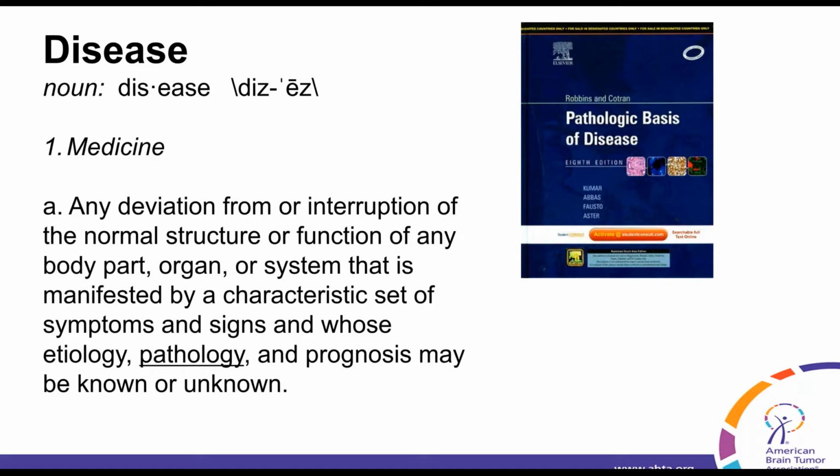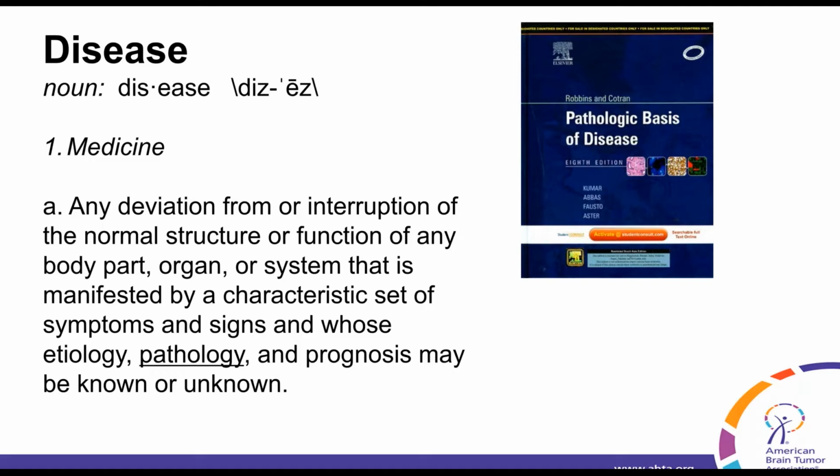So a disease is a deviation from or interruption of normal structure or function in any body part, organ, or system that is manifested by a characteristic set of symptoms and signs and whose etiology, pathology, and prognosis may be known or unknown. We have large textbooks full of diseases with their characteristics within them.